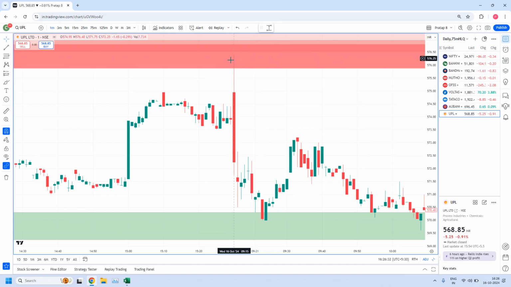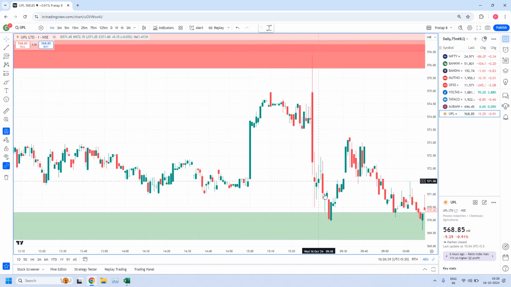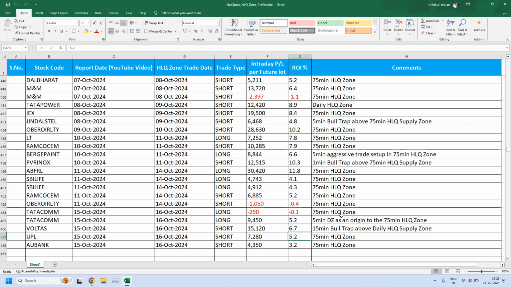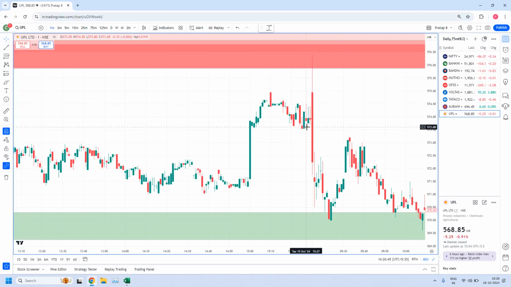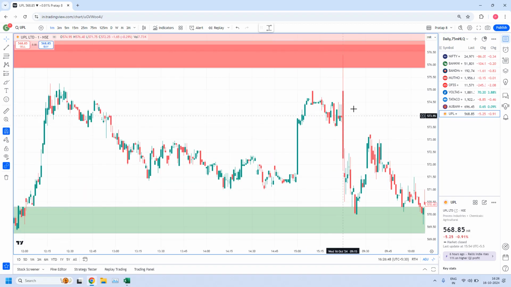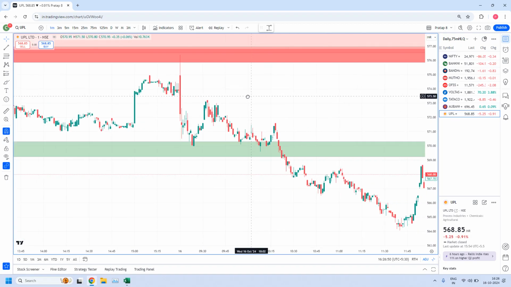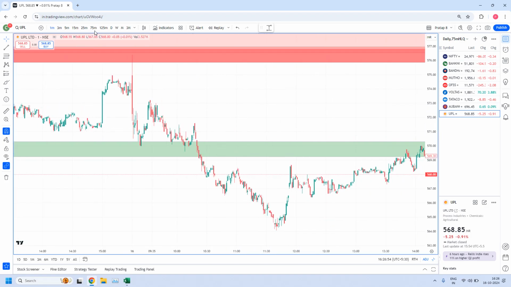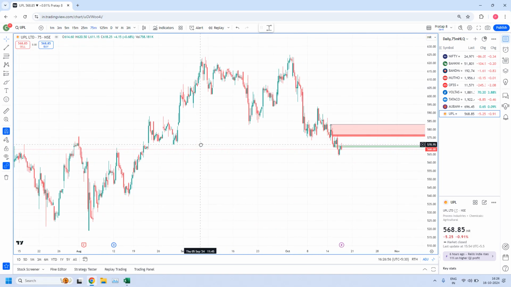Maybe your order would have been executed here, and those people would have got a profit of 7,280 rupees. So this is about UPL. It's a 75 minutes high liquidity zone.